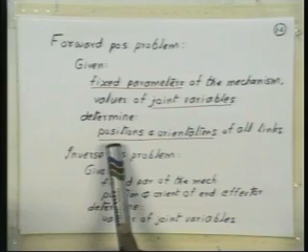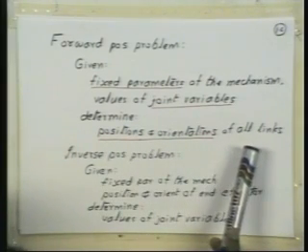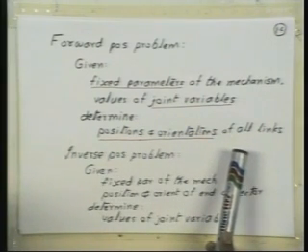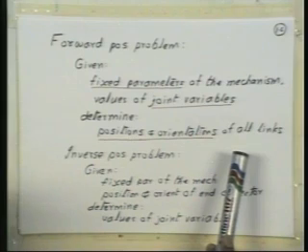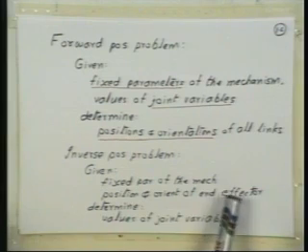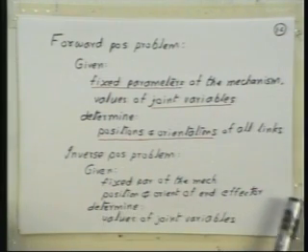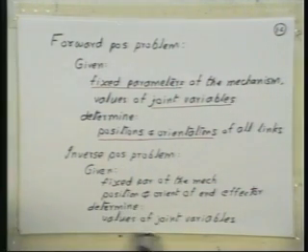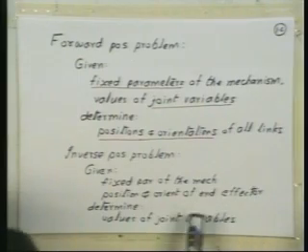The forward position problem is given the fixed parameters of the mechanism and the joint variables, determine positions and orientations of all links. Fine. So we have been defining position and orientation. And the inverse problem, given the fixed parameters of the mechanism, position and orientation of the end effector, determine values of the joint variables. Fine.